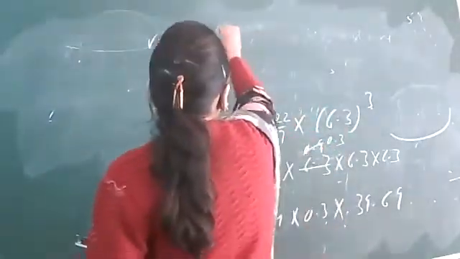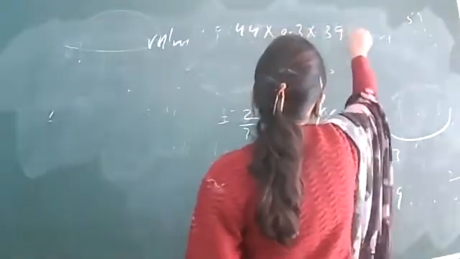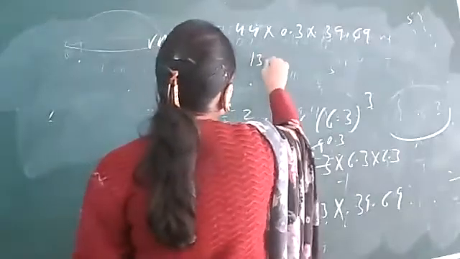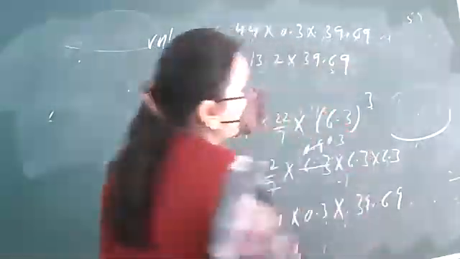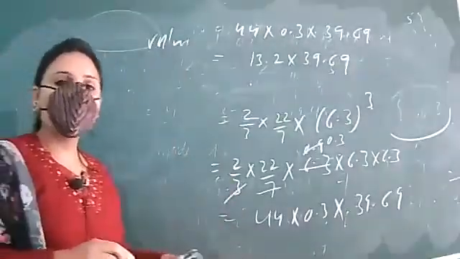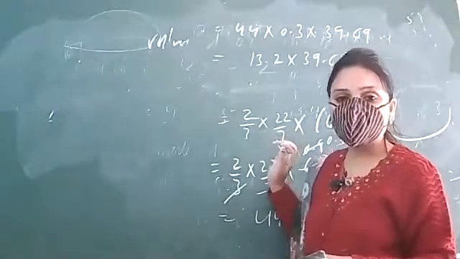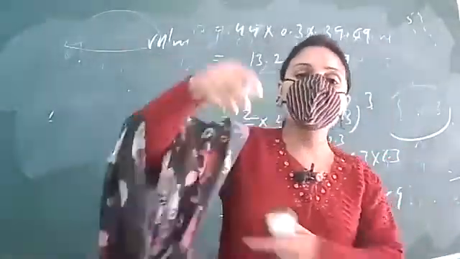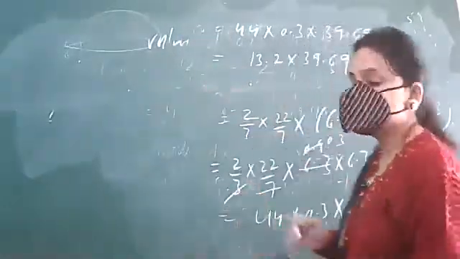This is 44 into 0.3 into 39.69, and that is 13.2 into 39.69. Do the multiplication. You will get the volume of the air that is contained inside. अपने आप करना है इसकी multiplication, and you will get the answer for the air that is contained inside.